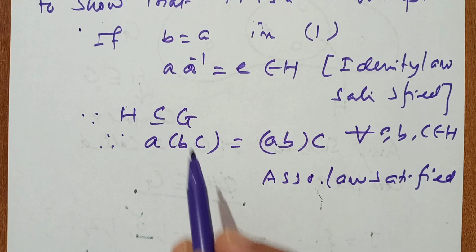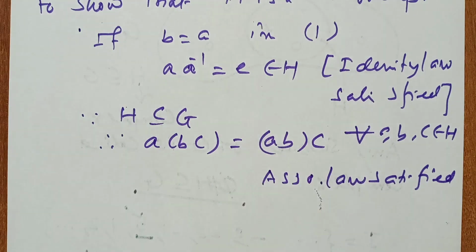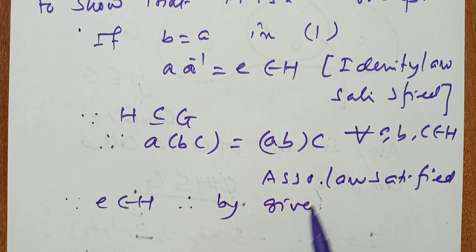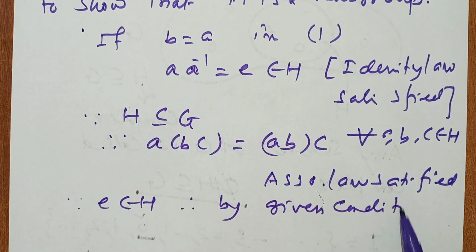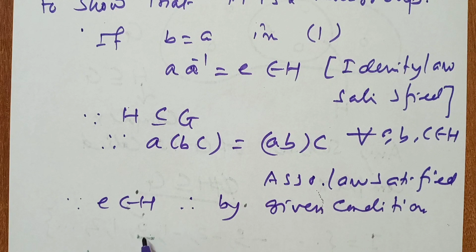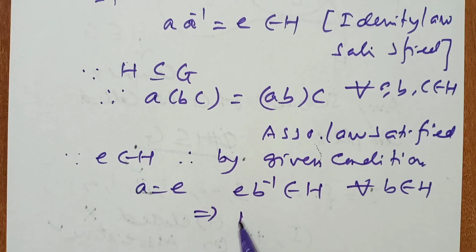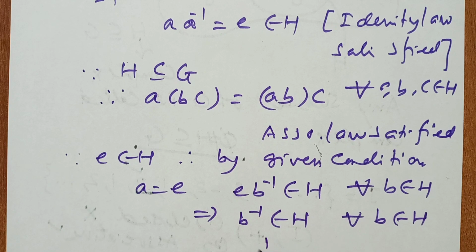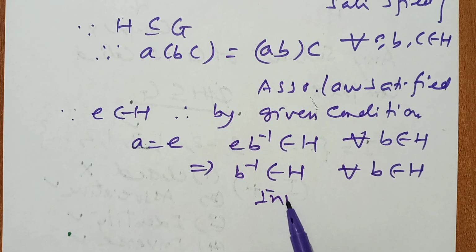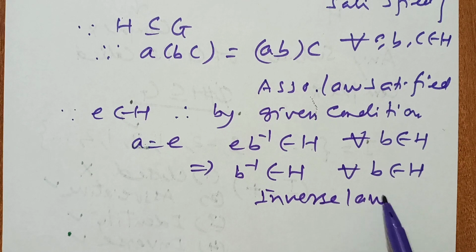Since the identity axiom is satisfied and E belongs to H, by the given condition we put A equal to E. Putting A equal to E means E B inverse belongs to H for every B in H. So E B inverse is nothing but B inverse, which belongs to H for every B in H. So the inverse axiom is satisfied.